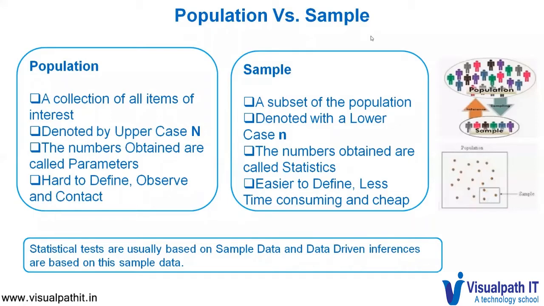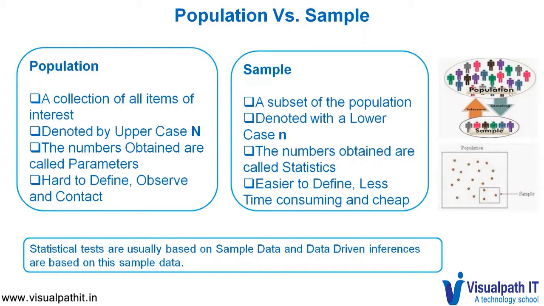So let us look at some of the terms which we will be often using in this course. In terms of statistics, there is something called a population and a sample. If you look at the screen on the right hand side, a population is collection of all items, while a sample is a subset of population.